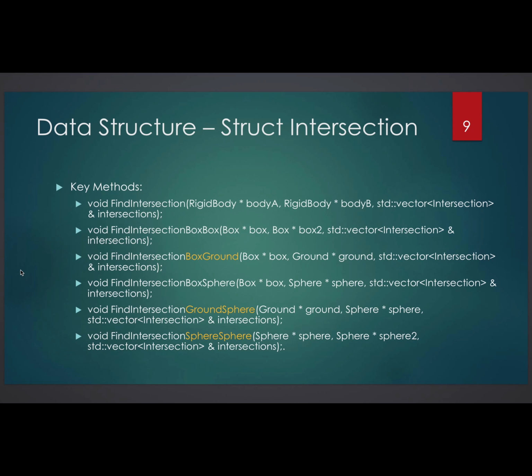There are several key methods in this struct. There are 3 methods that are given to you, and the other 3 are methods that you need to implement. You have to implement the box-ground intersection, ground-sphere intersection, and sphere-sphere intersection.